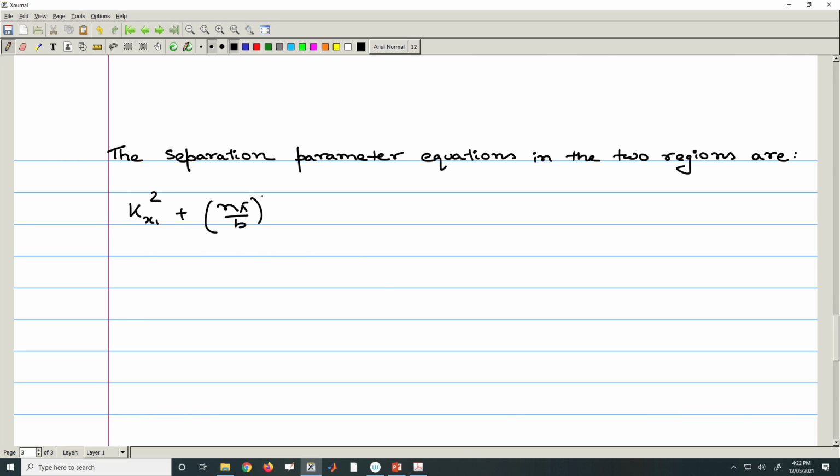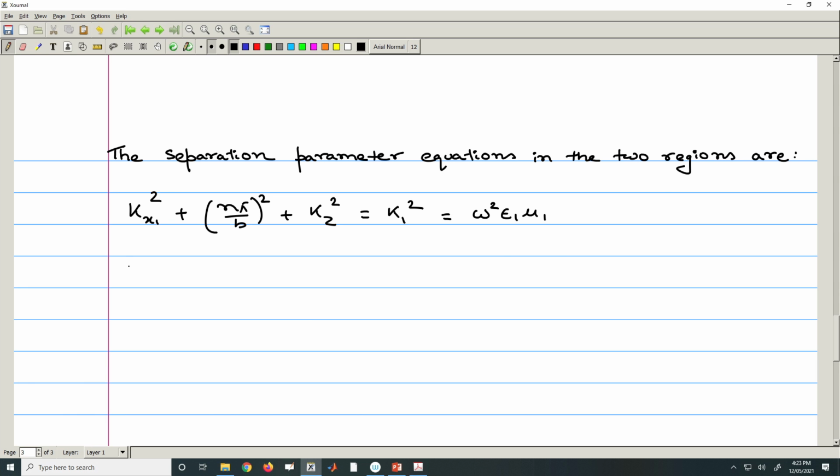Since ky is n pi by b, and kx square plus ky square plus kz square equals k square, we can write kx1 square plus n pi by b square plus kz square equals k1 square, which is omega square epsilon 1 mu 1.